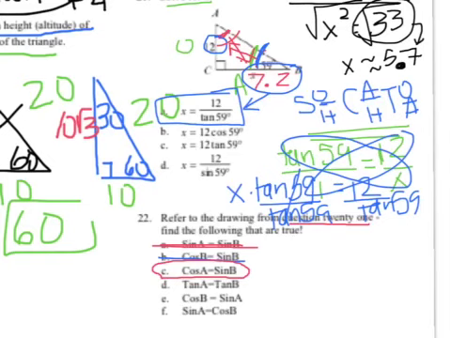Tangent of A and tangent of B are not the same. If the cosine of A and sine of B are the same, then the cosine of B and the sine of A are the same. And the last one, well, F is the exact same thing as E, so all three of those are true. You could also check them with your calculator.